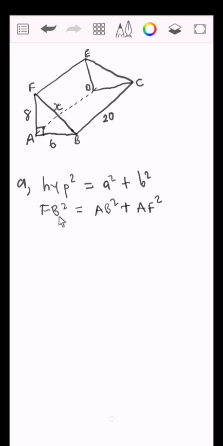Then tika substitute fb tichange tina x squared is equal to ab ndi 6 saka tana 6 squared plus af ndi 8 satana 8 squared. Therefore tiri kuti x squared is equal to, what is 6 squared? 6 times 6 ndi 36 plus what is 8 squared? 8 times 8 ndi 64.